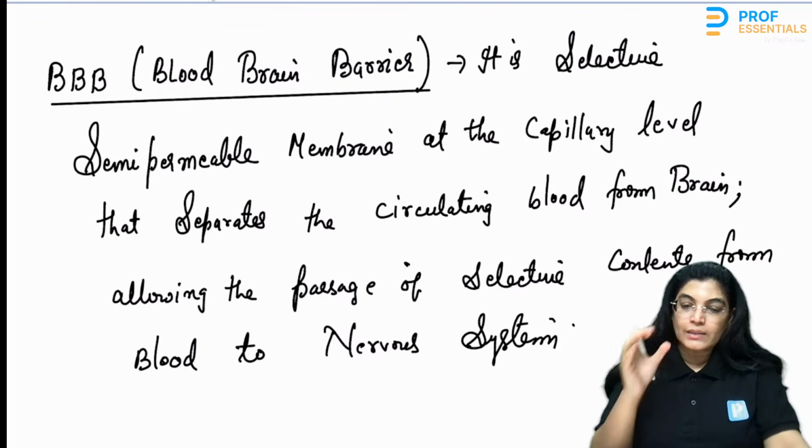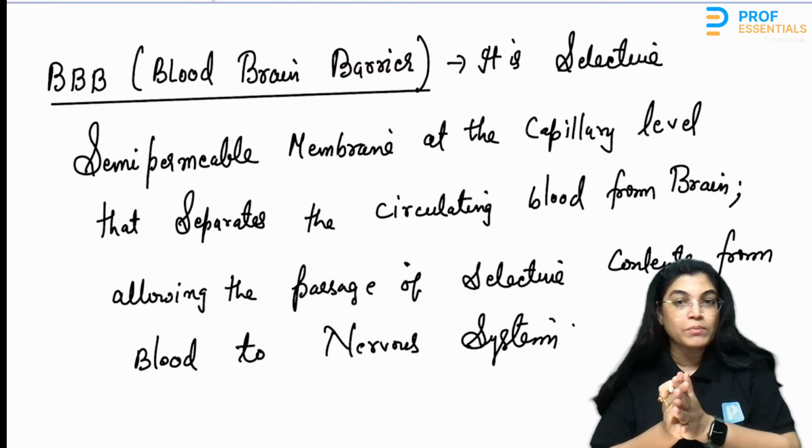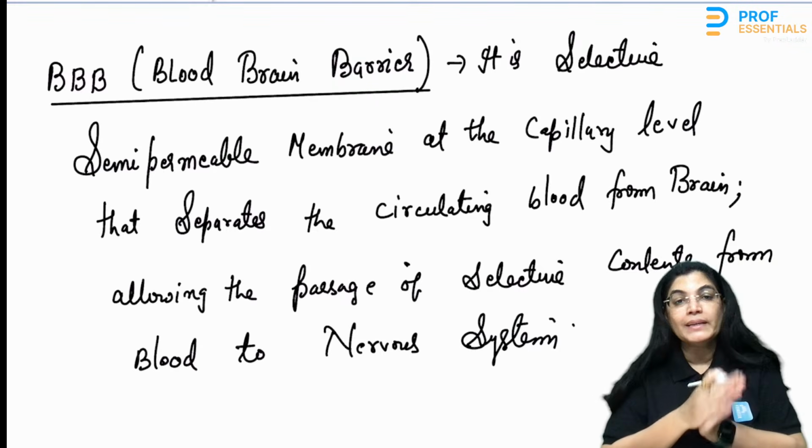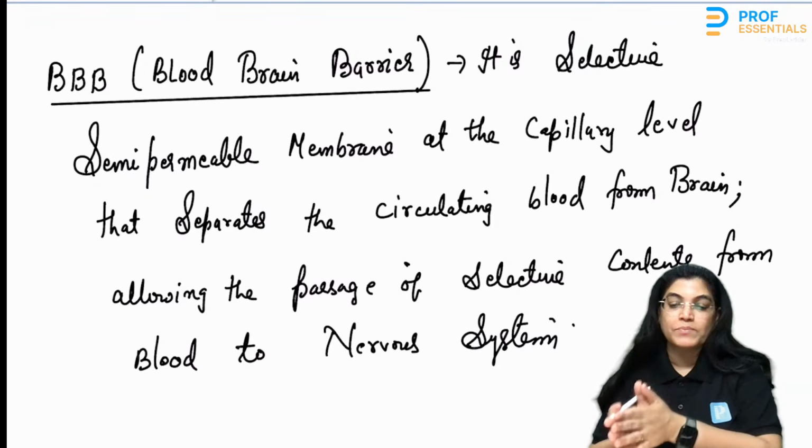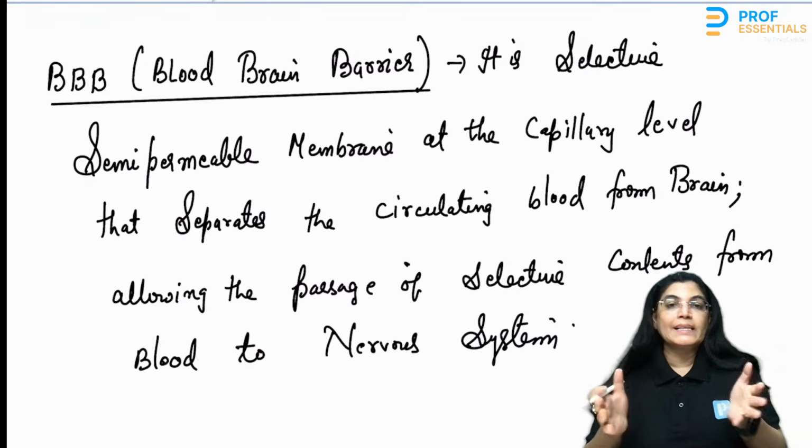Now, the other important point is that the blood brain barrier is preventing the entry of harmful substances or toxic material into the brain.